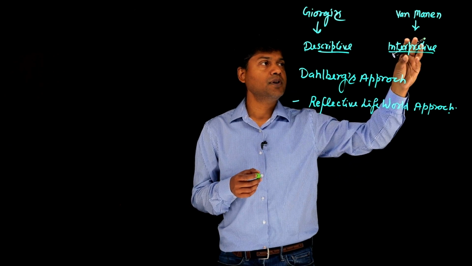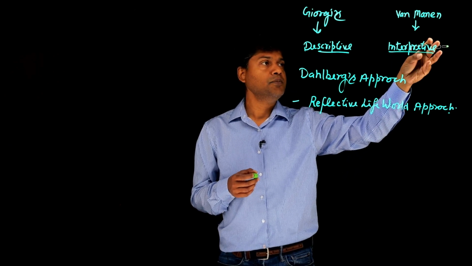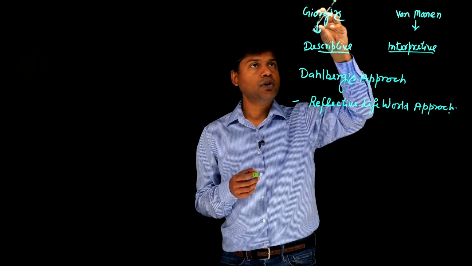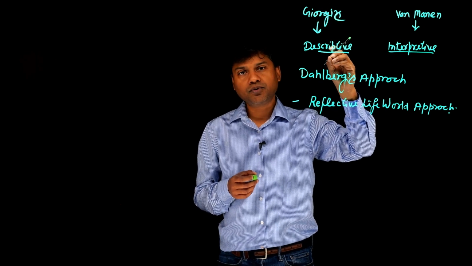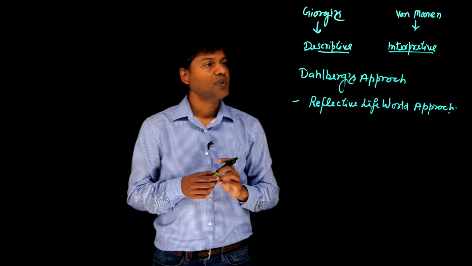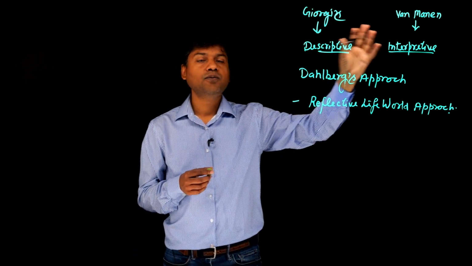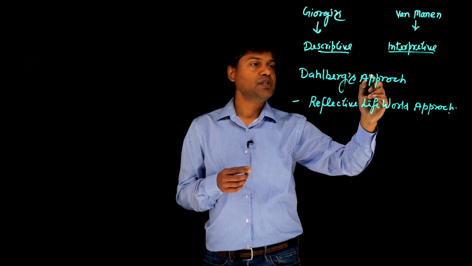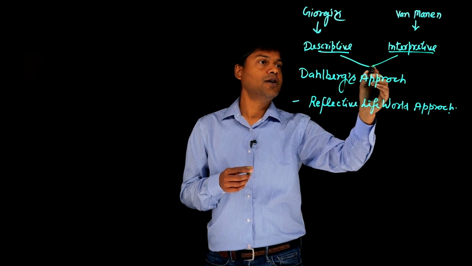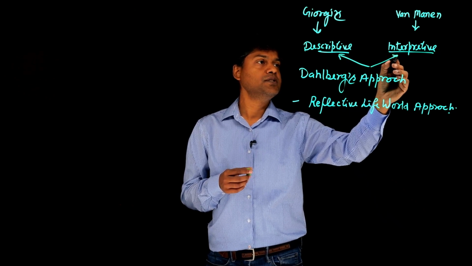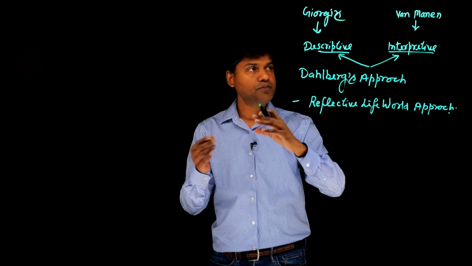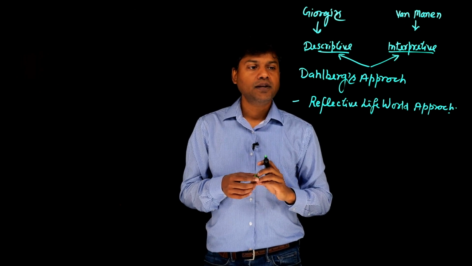So more focus on interpretive hermeneutics, while Giorgi's approach is more on description of the phenomenon. Dahlberg's approach, we cannot put in any one of these categories. I would say it moves across these two approaches, so both descriptive as well as interpretive.